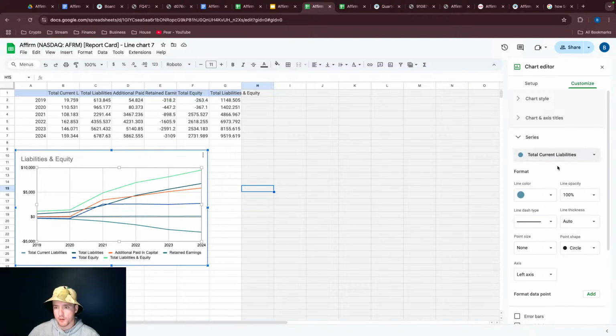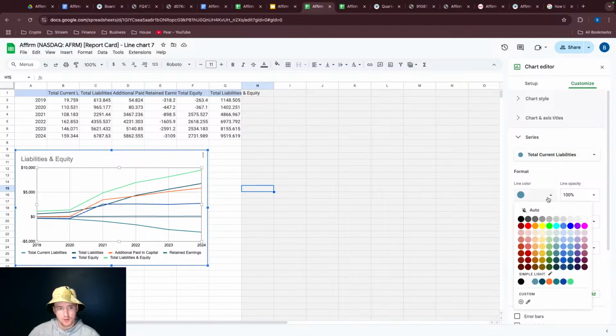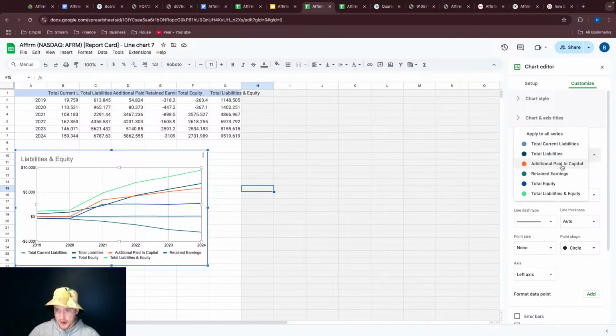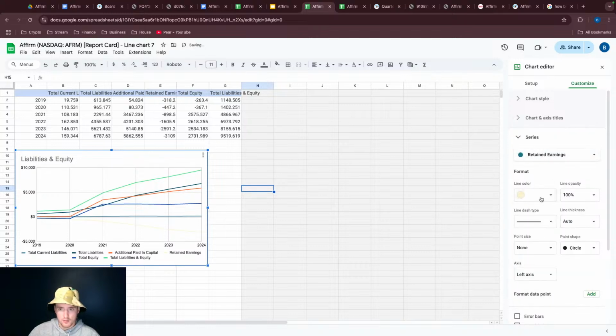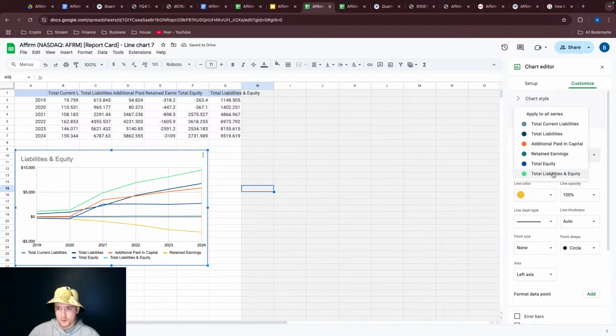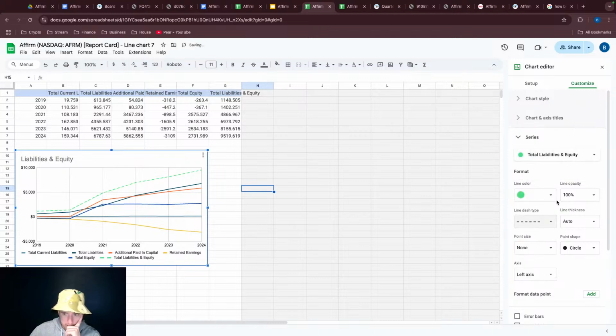Total current liabilities. We're going to keep these blue. We're going to keep the liabilities blue. That's fine. We're going to do the equity as your orange and yellows. So let's do this. That one's a tough yellow. Let's do that. And we'll do... That's such a mess. Your totals are going to be dashes as we did.